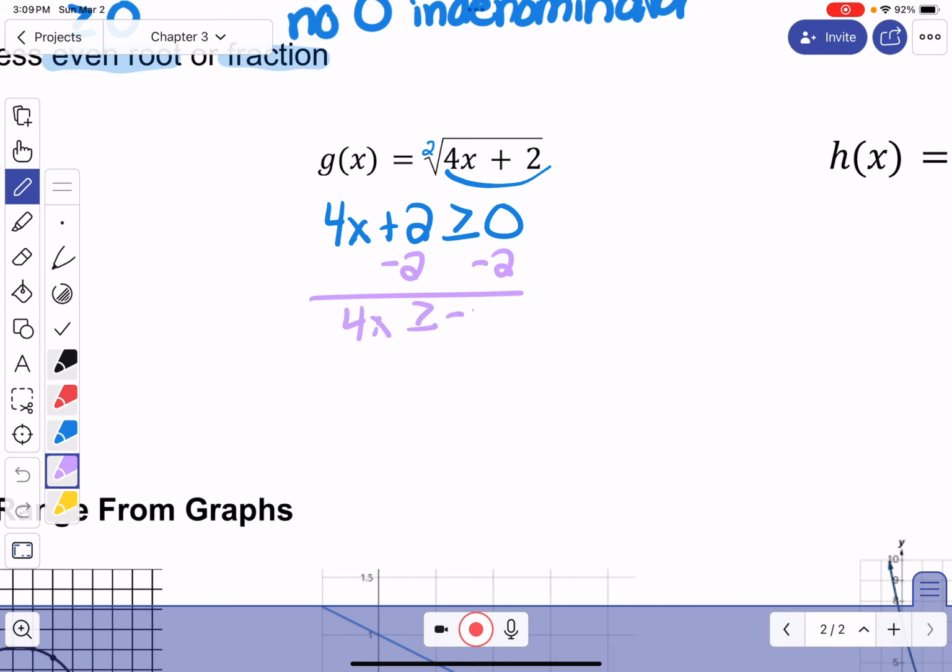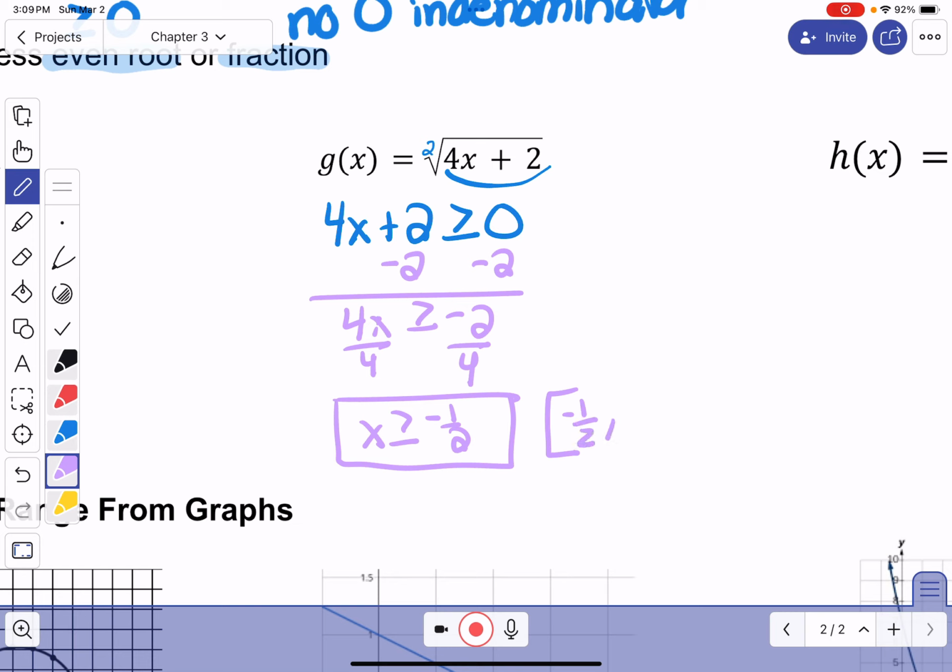So we subtract the 2 from both sides, we divide by 4, and that reduces to 1/2. So we get x is greater than or equal to negative 1/2. There's your inequality notation. If you wrote it in interval notation, it would look like this. Again, I don't care which one you write unless it specifically says, but that's how you figure out the domain with a radical.